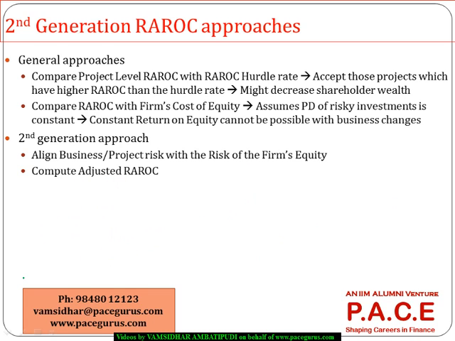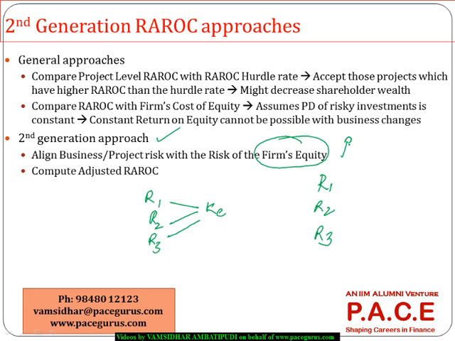So to address those things, we have got into a second generation approach, where the intention is not R1, R2, R3 being compared with a cost of equity. Here we are adjusting R1, R2, R3 separately with the firm's beta. So how are we adjusting it?